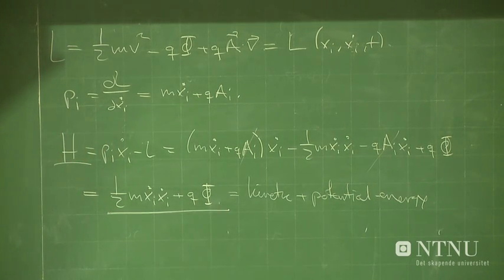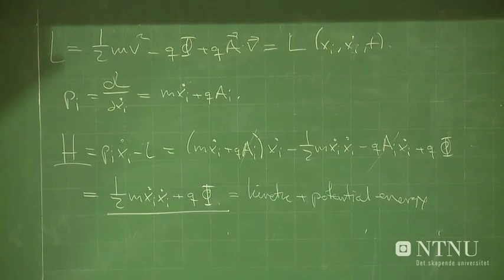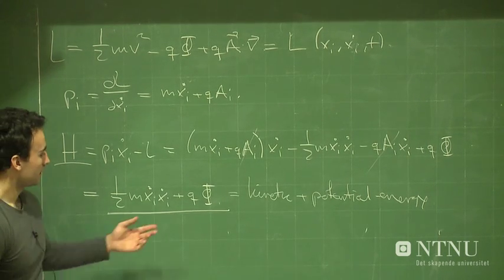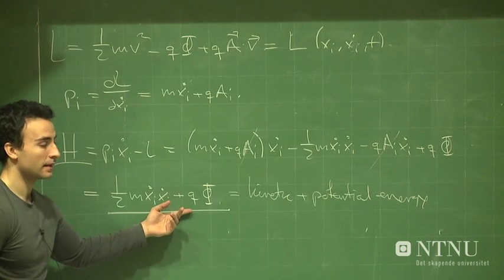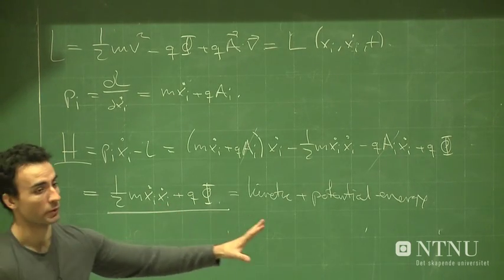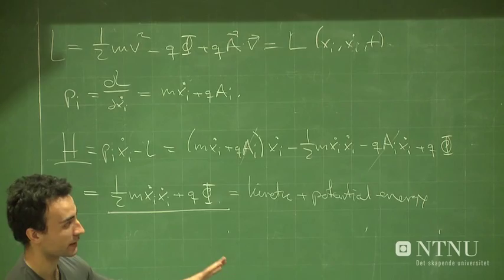So the Hamiltonian becomes the kinetic plus the potential energy. So this is the potential energy, in contrast to U, which is not the potential energy of the system.